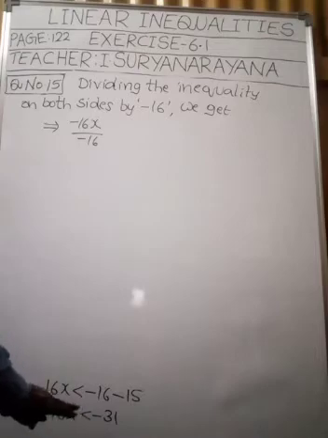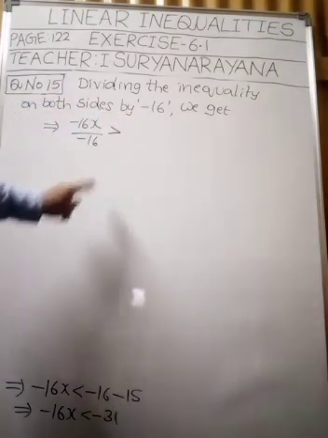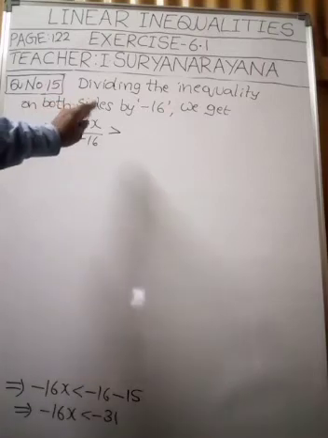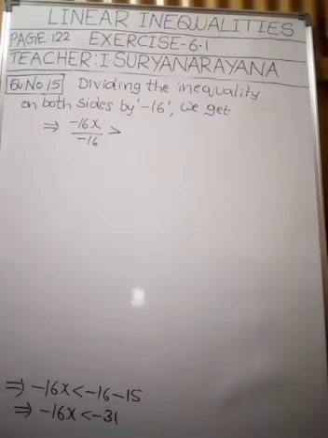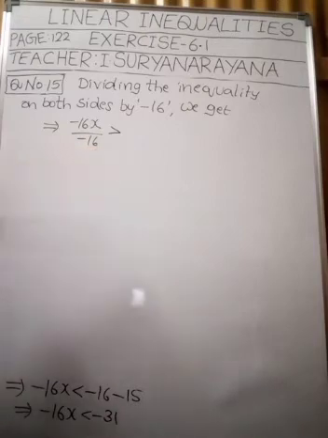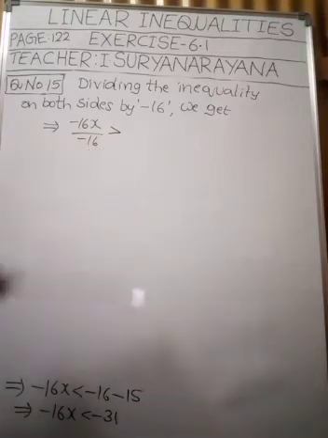Here the less than symbol is there. It is reversed because we are dividing this inequality by a negative quantity. If we are multiplying or dividing any inequality on both sides by a negative quantity, the inequality sign is reversed. We have to remember that rule, my dear children. So we used that rule here. Here actually the less than sign is there. It is reversed as the greater than sign. Okay, my dear children. Right.